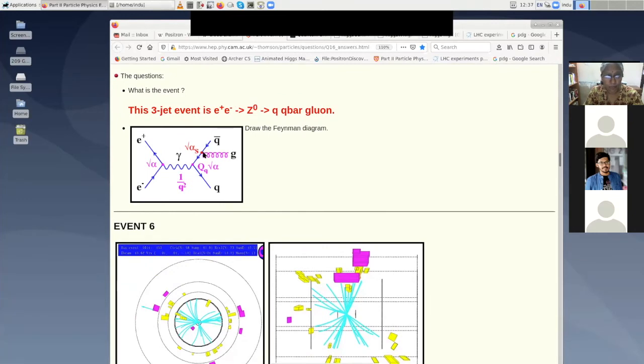As I said, the probability of finding gluon emission is very high compared to either electromagnetic, which is photon, or W or Z, which is weak, because weak by nature is very weak. The stronger interaction of the two is electromagnetic, but that is also down by 1 by 100. So the probability is only 1 by 100 that you'll actually emit a photon, and then that photon has to produce some lepton pair. It's more likely to produce a gluon, which will then again hadronize into some hadron and not a lepton.